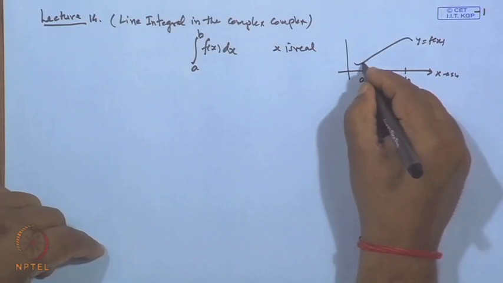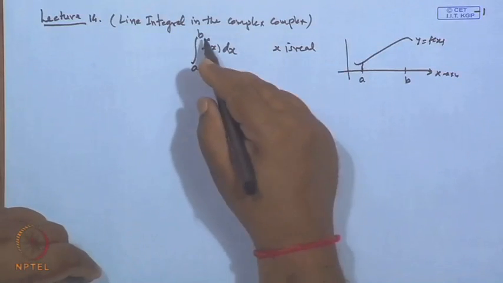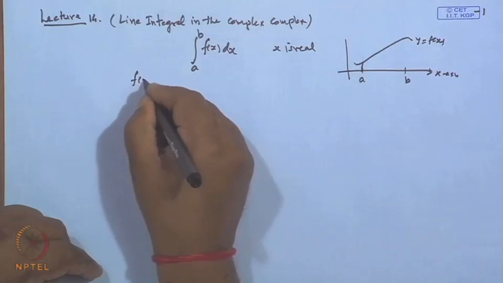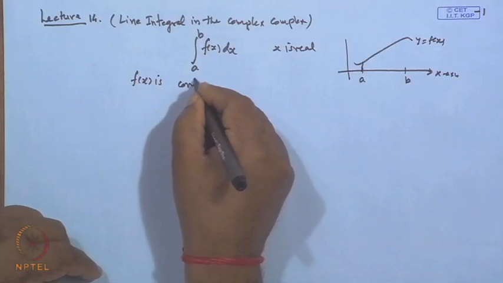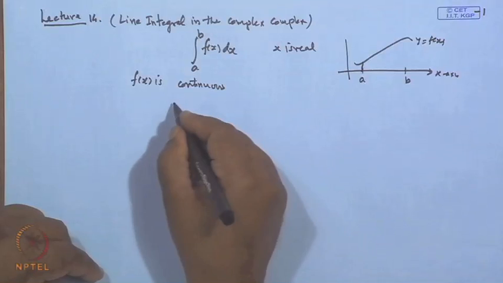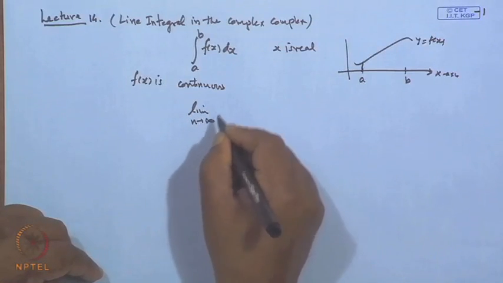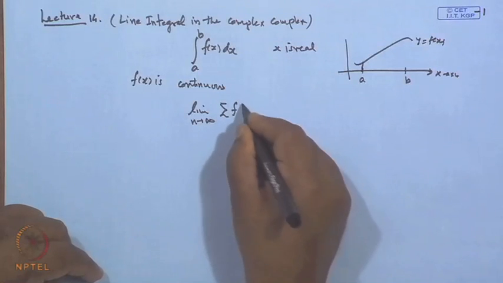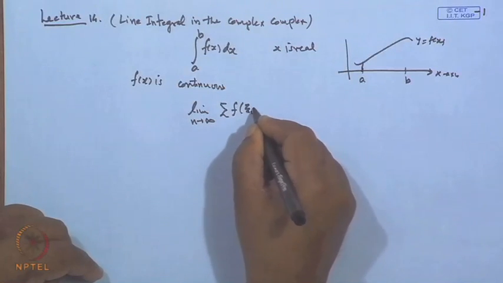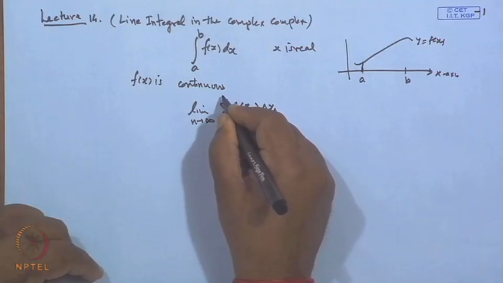And when we define it, we assume the function f(x) to be a continuous function. Then this integral is nothing but the limit as n tends to infinity of the sum of f(x_i) delta x_i, i from 1 to n.